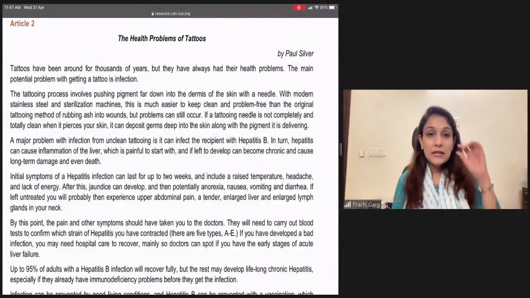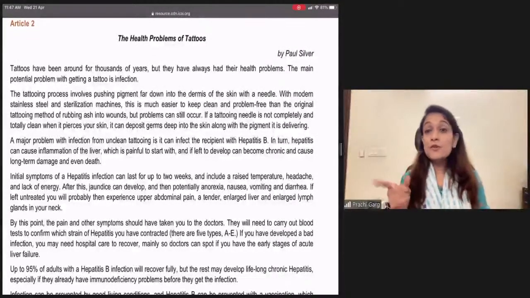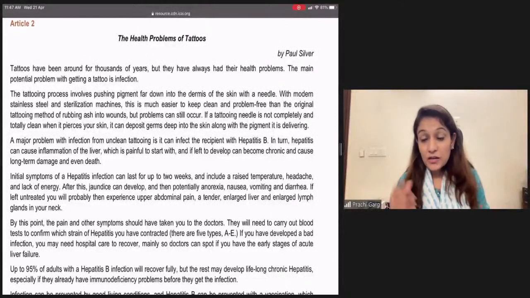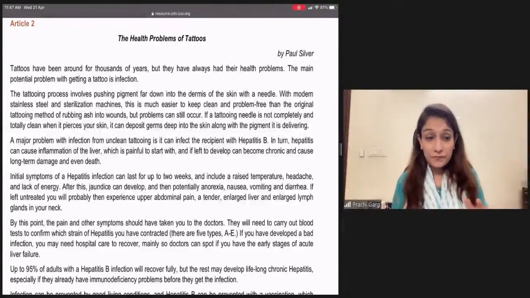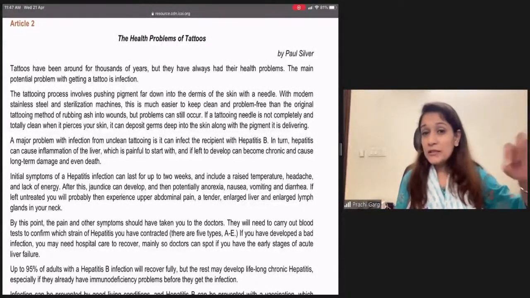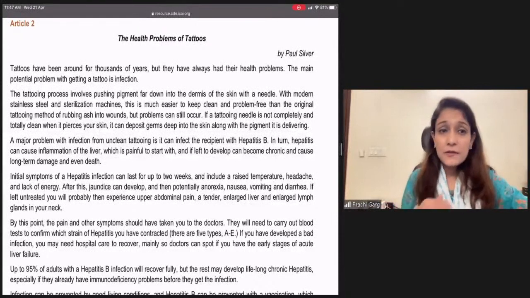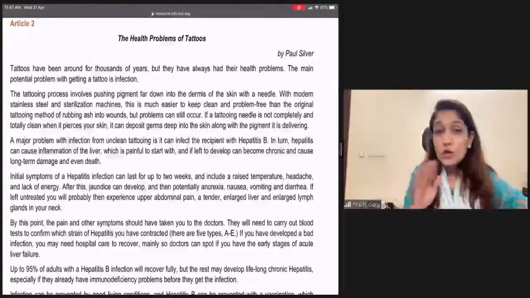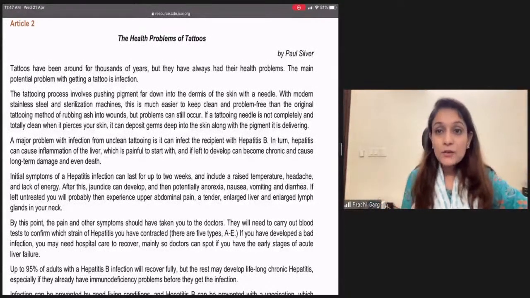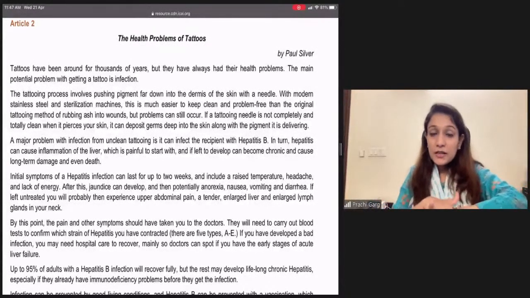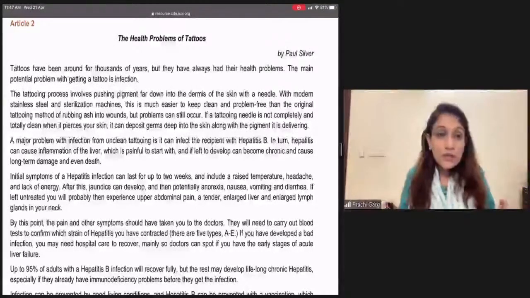Now, please understand. In the first paragraph, in the second paragraph, I'm talking about the process and procedure of tattooing, right? If I am writing an article about health problems of tattoos, I am assuming that some readers will not know about the procedure of tattooing. How do you get a tattoo, right? Not everybody has this knowledge.